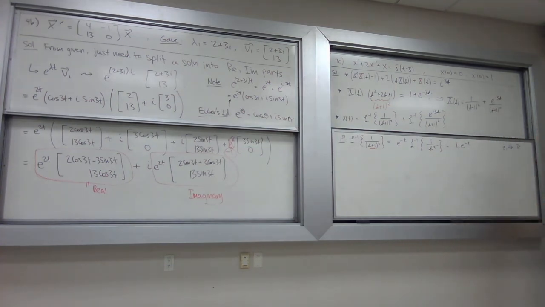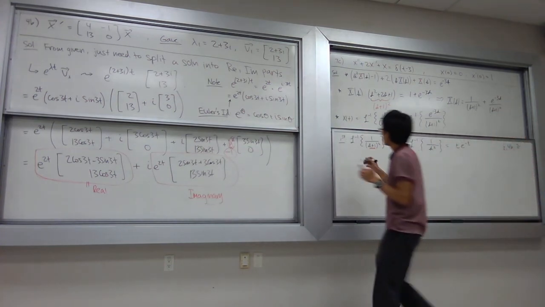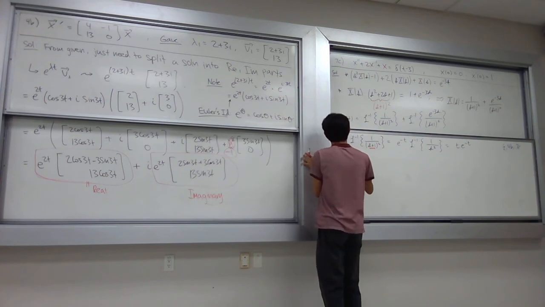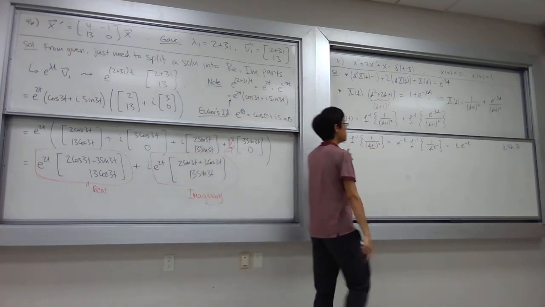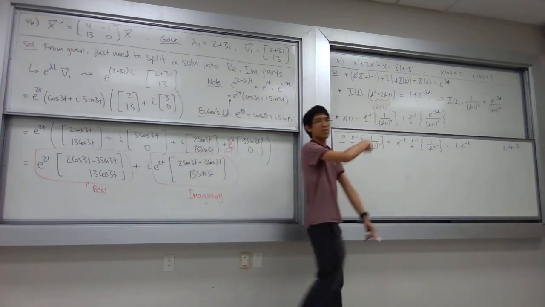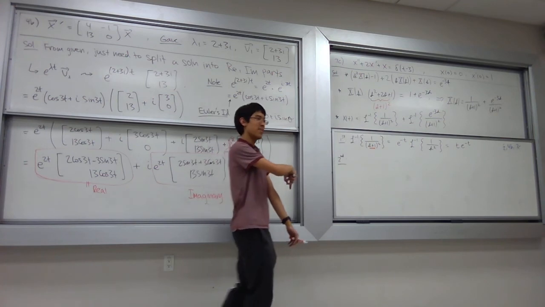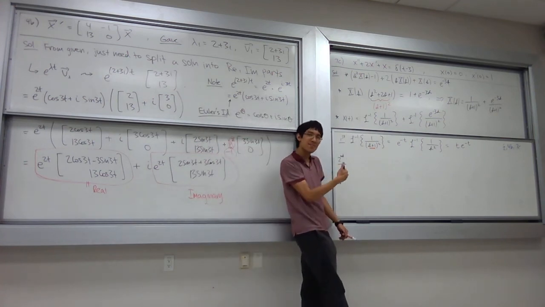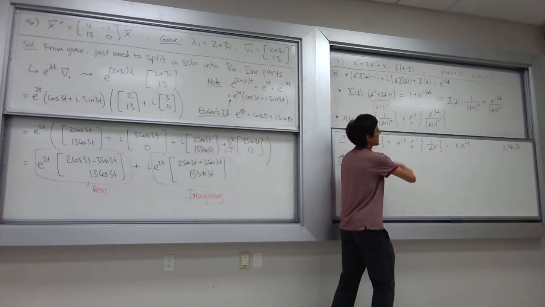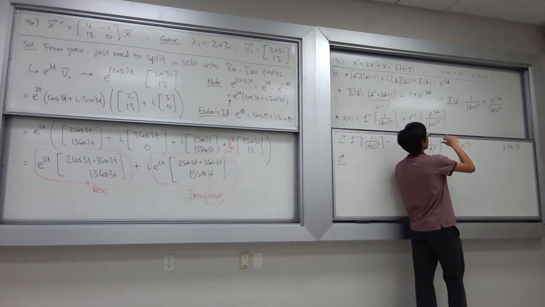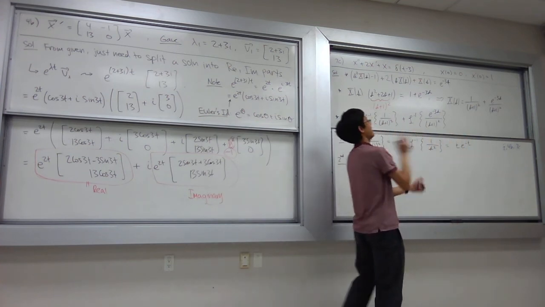Good. Now we do the second one. The second one's kind of interesting. What's the shifting property we're going to use on this one? What would it go back to? It's still the Heaviside. The forward transform of that Heaviside times f gives e to the negative shift times the transform of f.